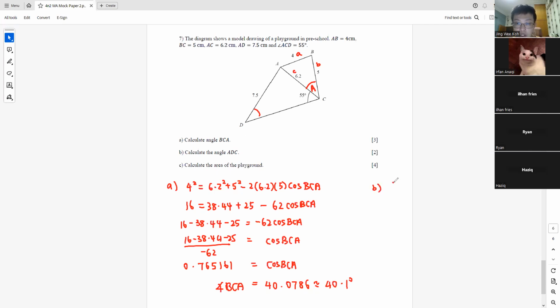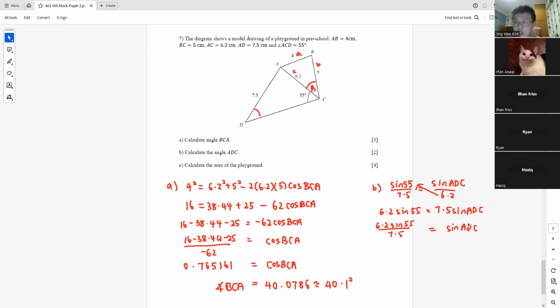So sine 55 over 7.5 is equals to sine ADC over 6.2. I cross multiply, 6.2 times sine 55 is equals to 7.5 sine ADC. To find sine ADC, I divide by 7.5. So 6.2 sine 55 over 7.5.